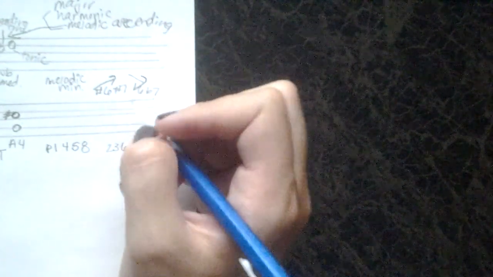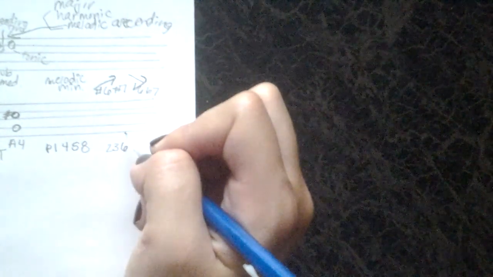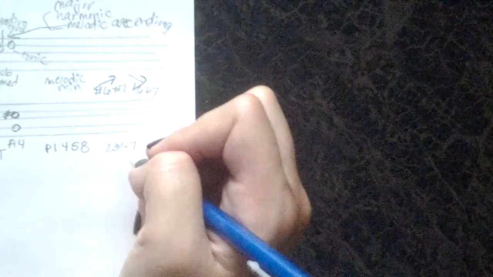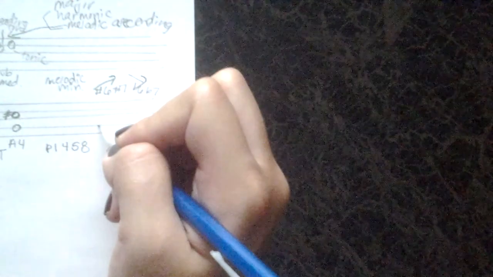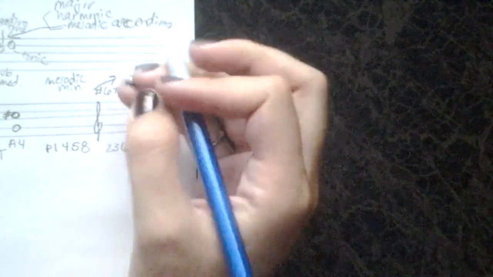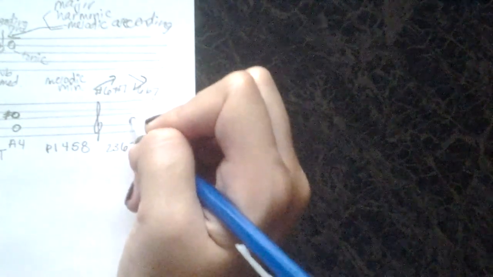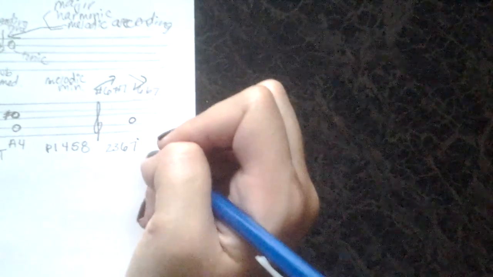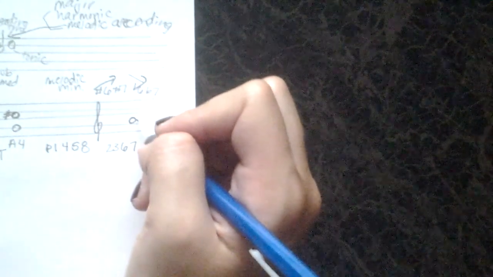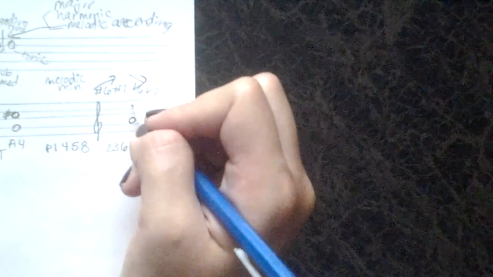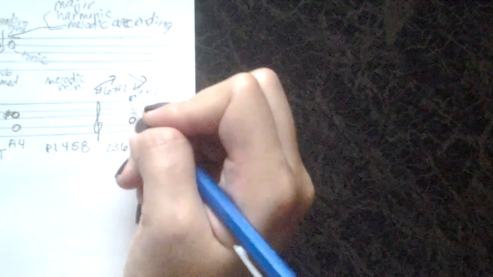So let me just show an example of that. Let's say that we want a seventh. So let's start on A, and we want a seventh, so we're going to count up 7. 1, 2, 3, 4, 5, 6, 7.